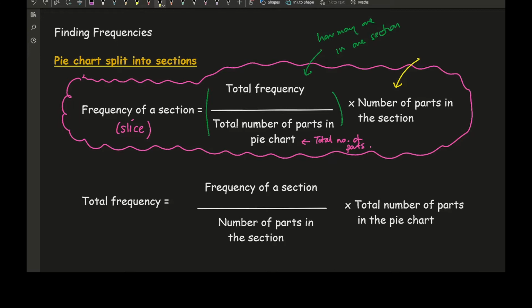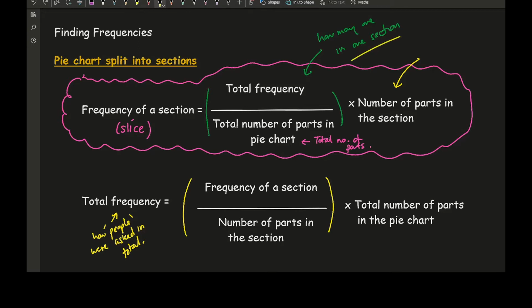Now the next one you might get asked is the total frequency. So this is basically how many people, in inverted commas, were asked in total. To do this, we take the frequency of a particular section, you'll always be given one section, and divide that by how many parts there are in that particular section.